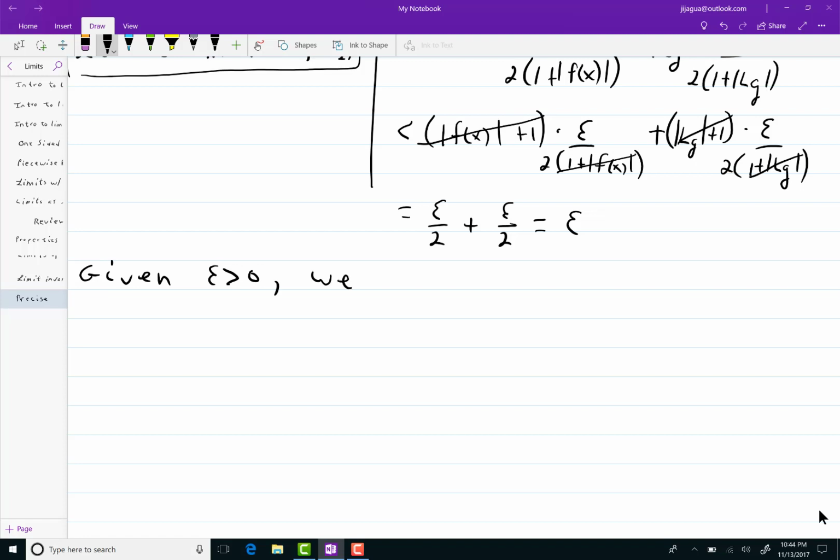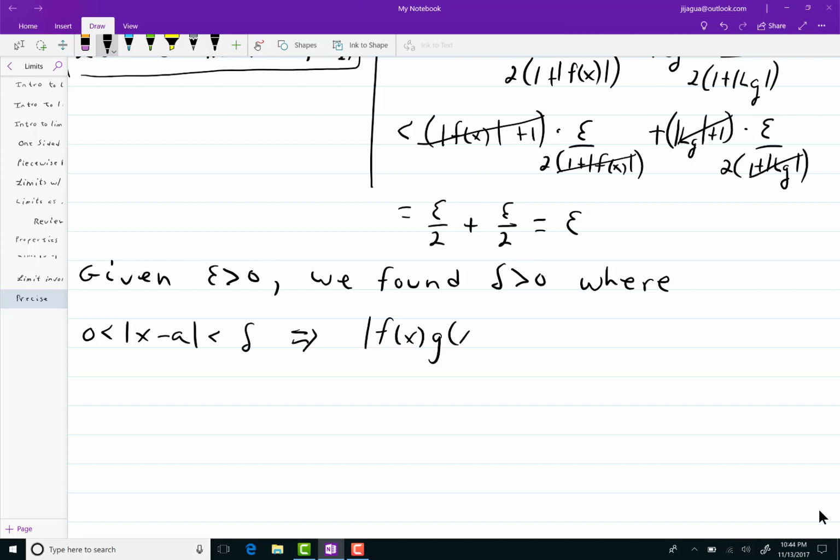We found delta greater than 0, where 0 less than absolute of x minus a is less than delta implies that f of x times g of x minus Lf times Lg is less than epsilon. So we've proven the limit.